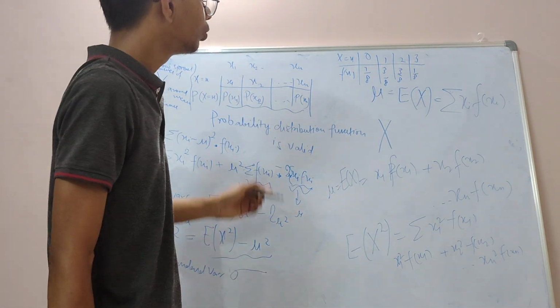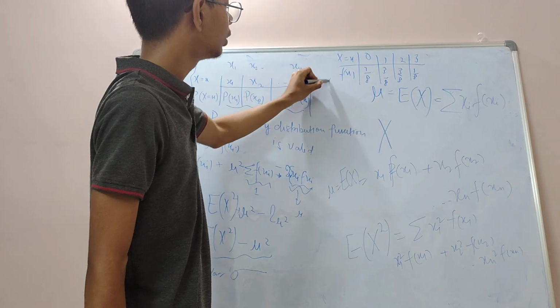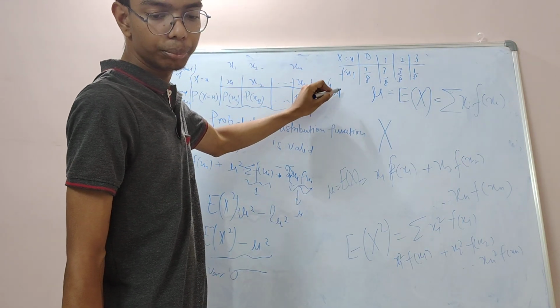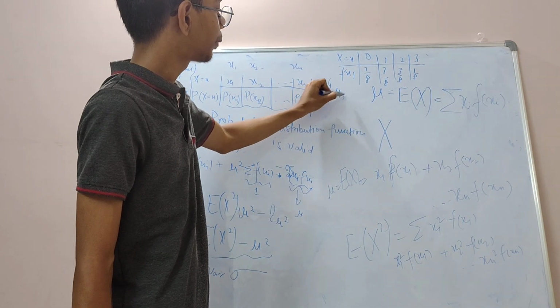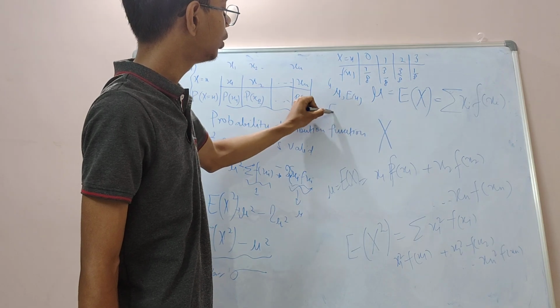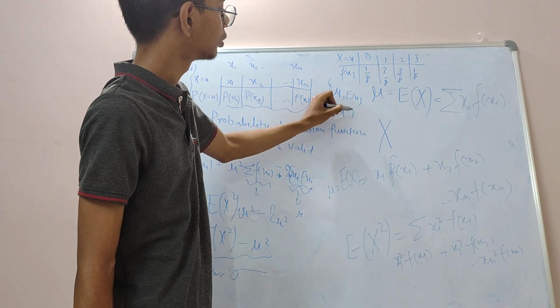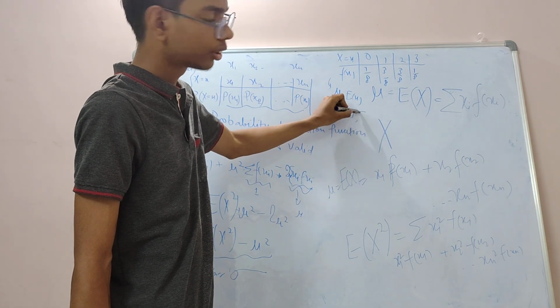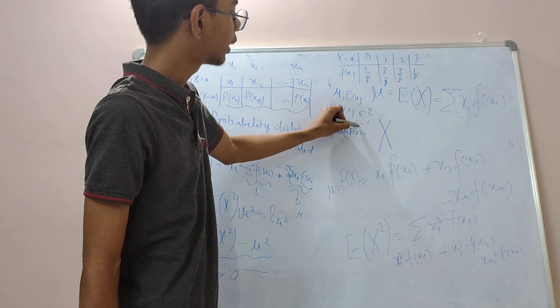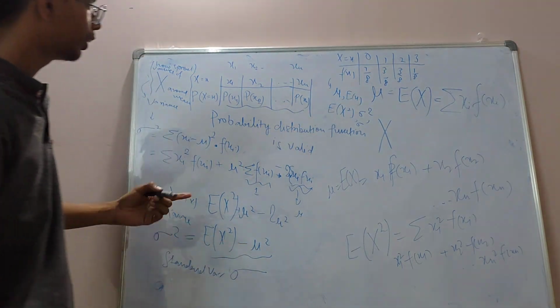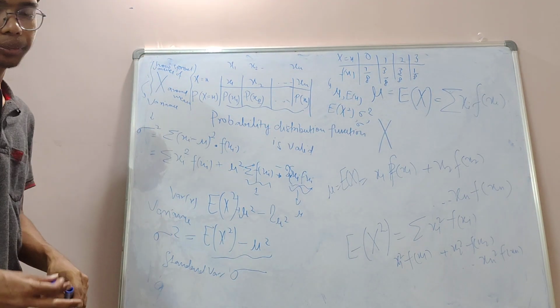So you can easily find the value of the mean, the expected value, then E of X square, and then the variance and the standard deviation. You can find these using these formulas, right?